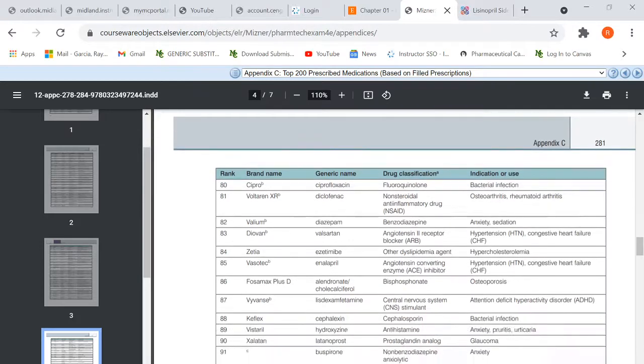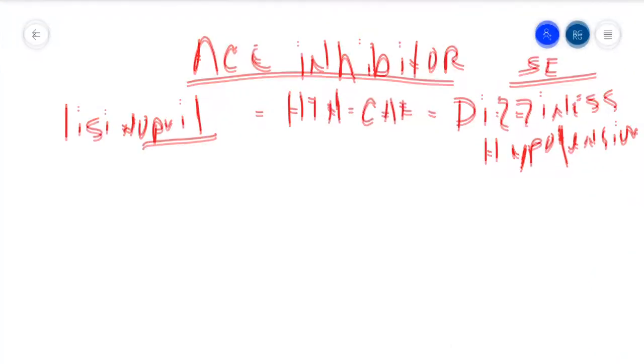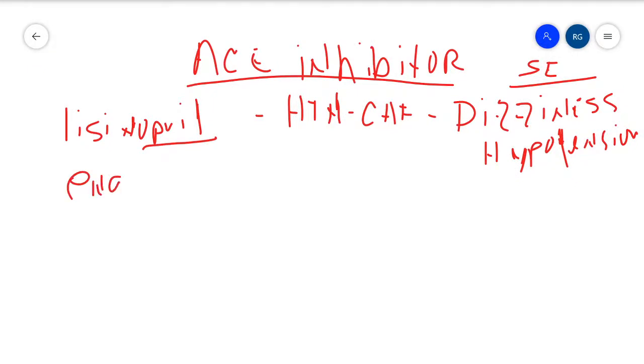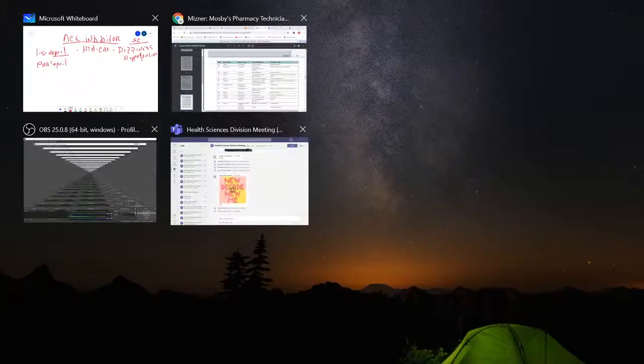Here's one, number 85 here, and we are looking at enalapril, brand name Vasotec. So enalapril. Let's look at what it's for.